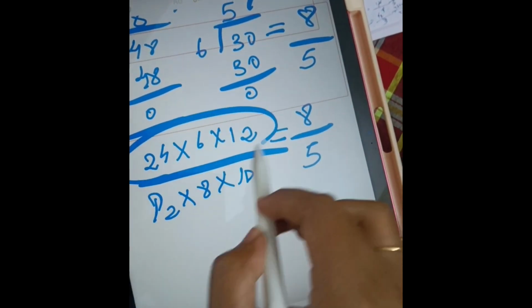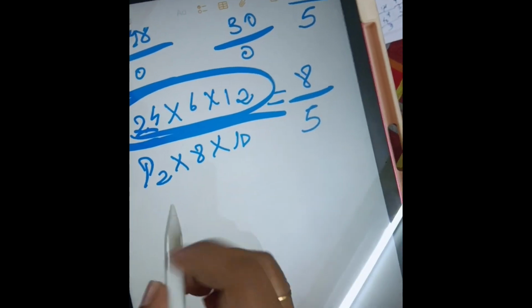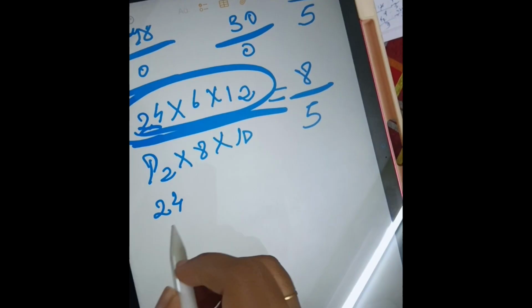Now next you have to simplify the left side separately. So you have to simplify 24 into 6.